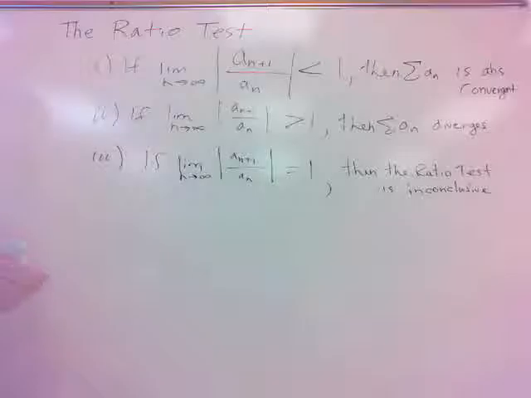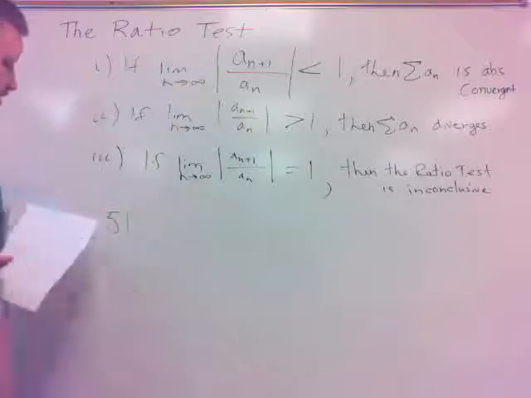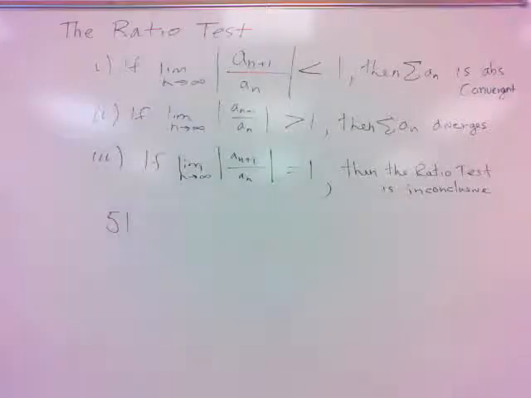Now, one of the series where this really comes in handy is the factorial series. We haven't done many of those because we haven't talked about the ratio test yet. Just to review real quick, 5 factorial, 5 exclamation point, means 5 times 4 times 3 times 2 times 1.